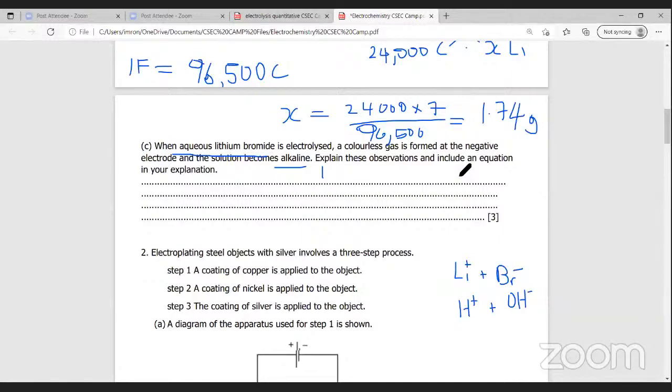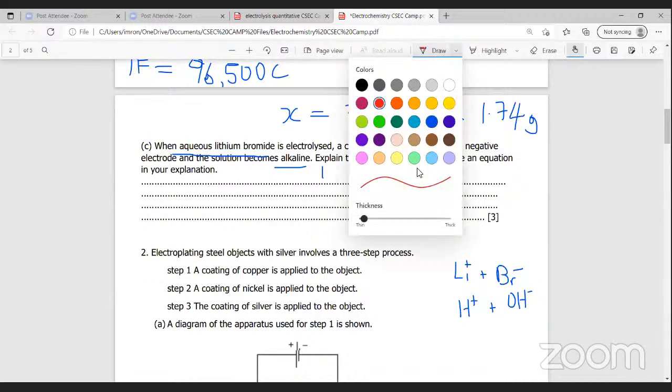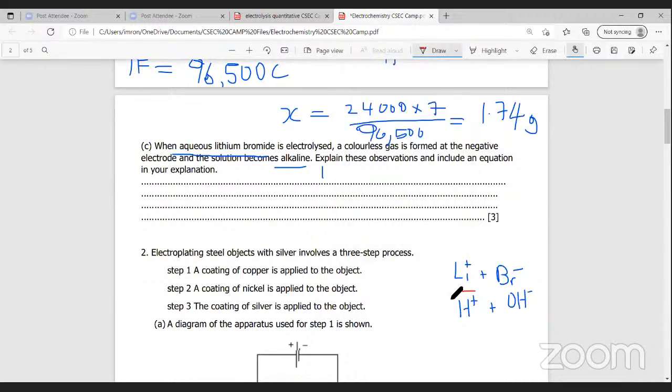The only metals below hydrogen in the electrochemical series are the jewelry ones: copper, gold, silver, platinum. All the other metals are above hydrogen. So the hydrogen is going to be discharged here. We're going to take out the hydrogen.